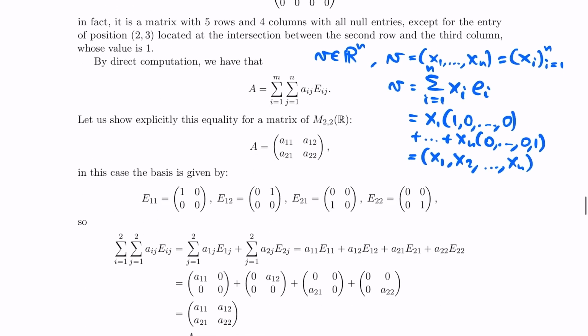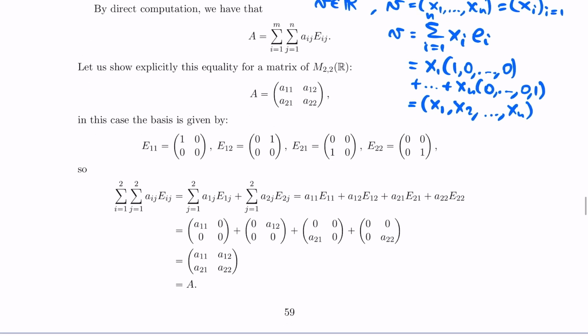Here you have the generic expression of a 2 by 2 matrix. The matrices of the canonical basis of M22 are these ones here, and as a small exercise you can verify that the computations that I perform here are exact, and you recover the matrix A. Okay, we have concluded this section.